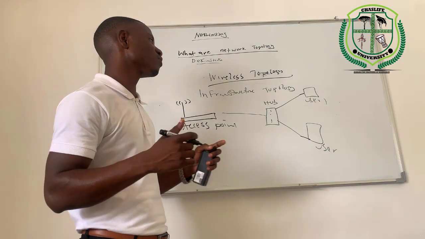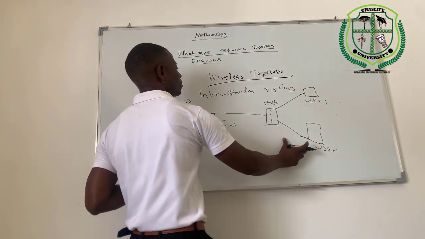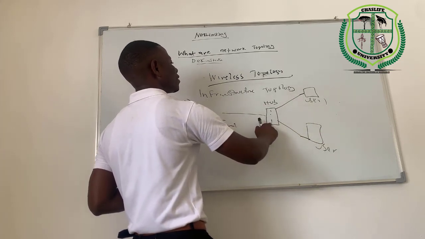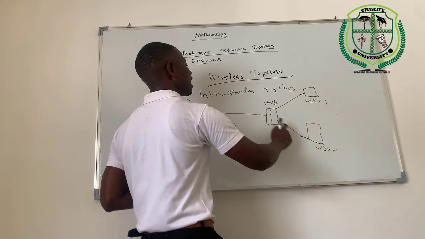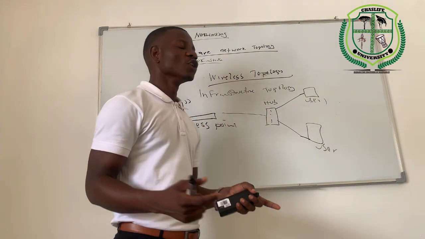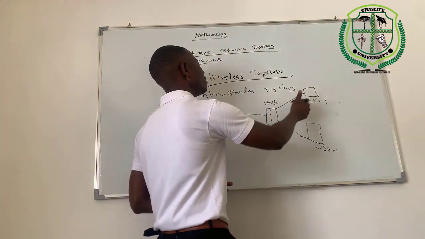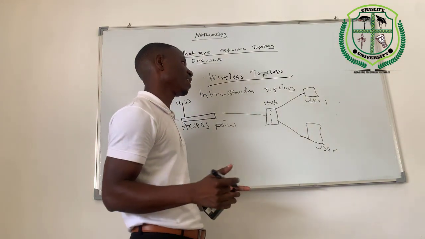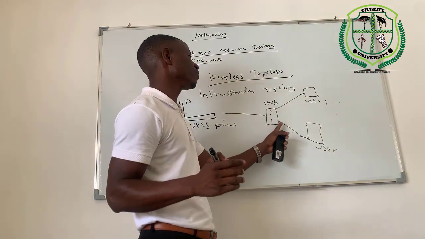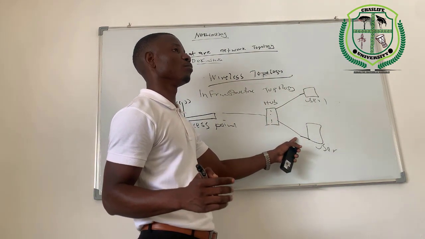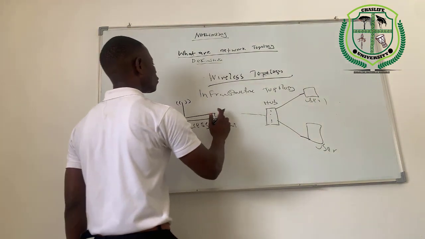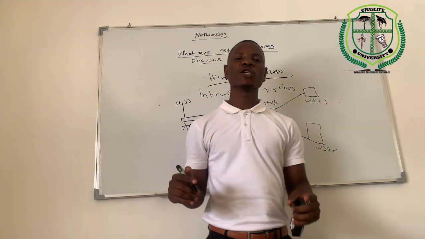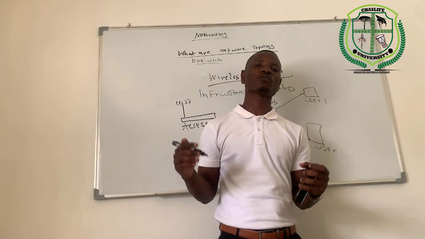The first part is that these 2 computers are connected to the hub physically, meaning there are cables inserted on these 2 computers. Then the hub is connected to the access point wirelessly.